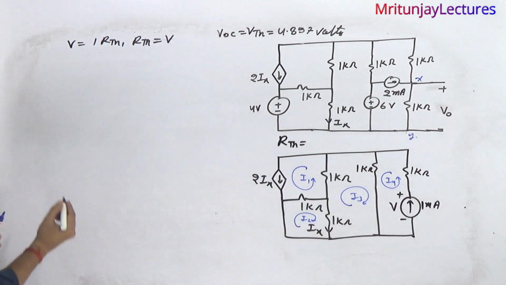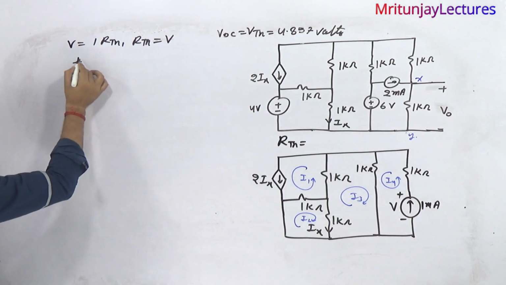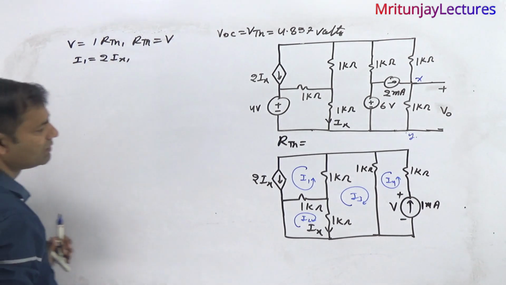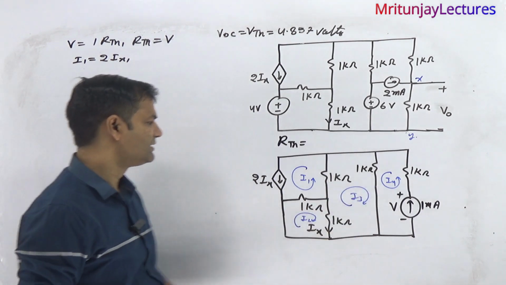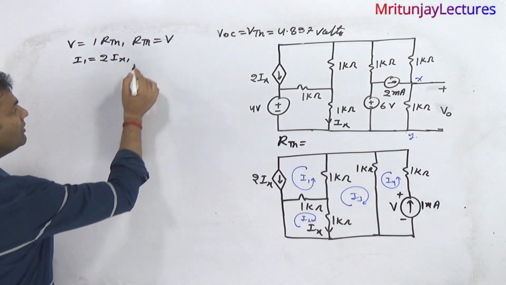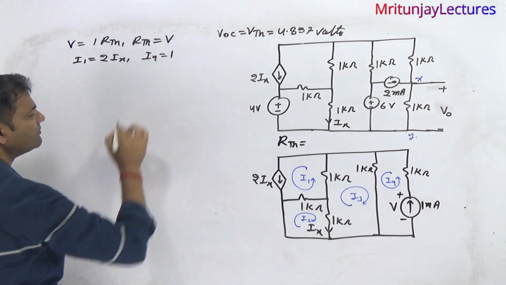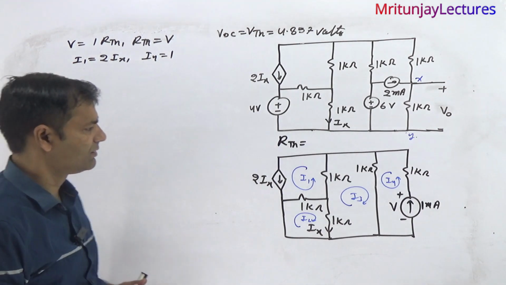Clear? So first of all, what about I1? I1 is written as 2Ix. I4 is written as 1 milliampere, that is 1. Clear?